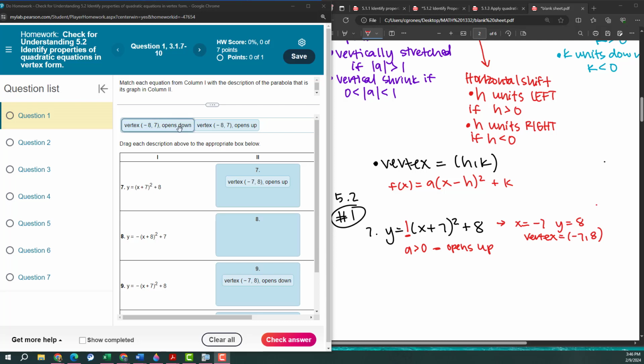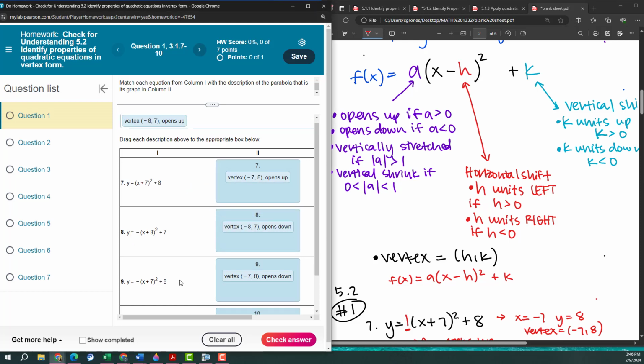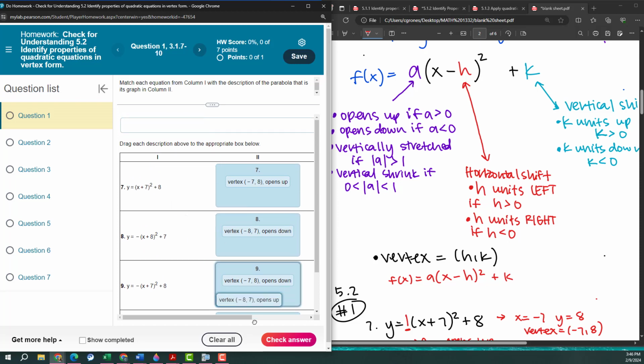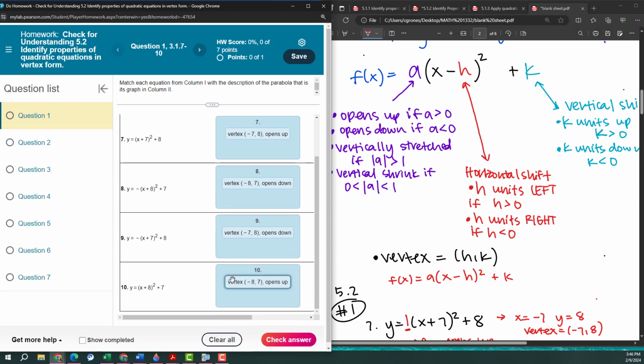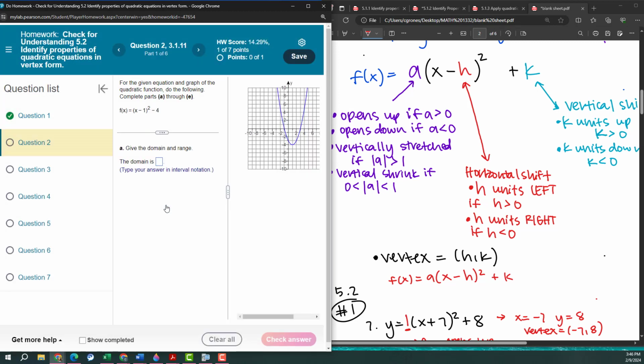We just need to see if it's opening up or down. So we're going to use that information. It opens up if a is greater than 0 and opens down if a is negative. So number 8, our a is negative, so it's going to be opening down. And that means that this is going to be our last equation. Great.